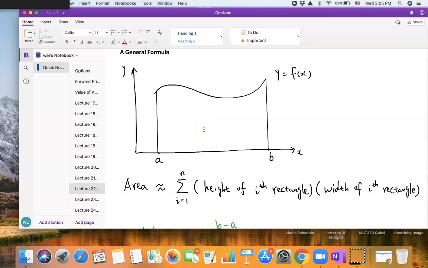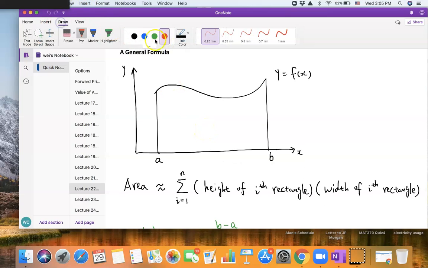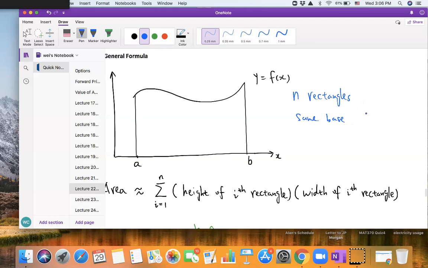Okay, let's say I'm going to use n rectangles to do this. And like we said before, we want each rectangle to have the same base. In other words, each rectangle should have the same width.